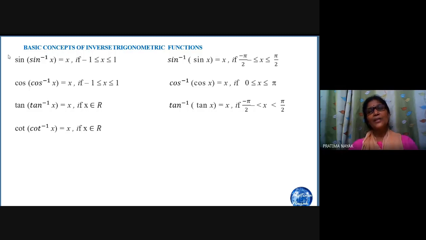Now tan inverse tan x is equal to x if x belongs to -π/2 to π/2, but not equal to -π/2 and π/2. Similarly, cot inverse cot x is x if x is greater than 0 and less than pi.